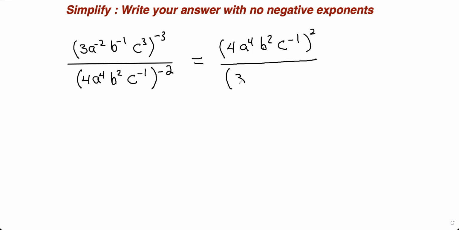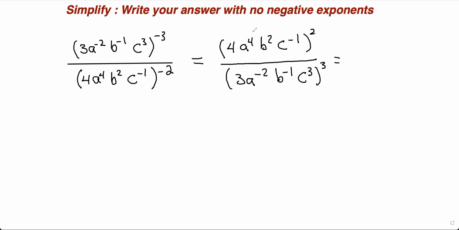So this is going to be 3a to the -2, b to the -1, c to the 3, and now this exponent here becomes positive. Some of you might argue, when you bring this down, why doesn't this negative exponent become positive? It doesn't yet. We're just dealing with the exponents outside right here. So here and here.